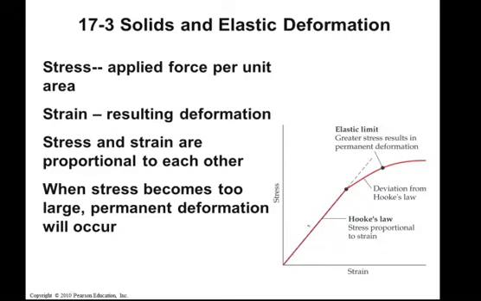And in this case, we said that the slope was k, which is our Hooke's law constant. So this is just like when we're dealing with springs. So we can see this is proportional up to a certain point. In fact, it's linear. But then when that stress becomes too large, we're going to have permanent deformation occurring, which is that bending.